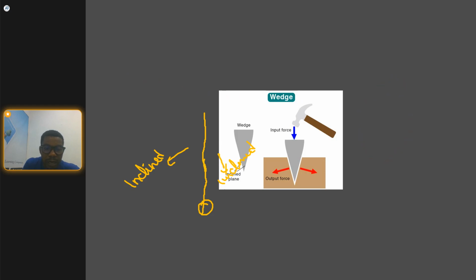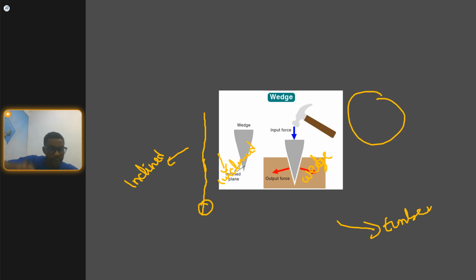This is the wedge, and this is where you apply the force using the hammer. So the more you hit on top of the wedge, you are applying force. And where you are going to feel the output of your force is on the timber. The timber will start separating.